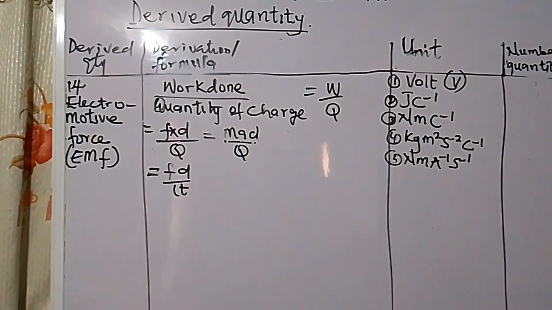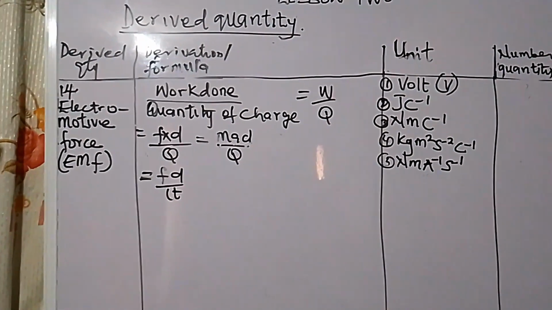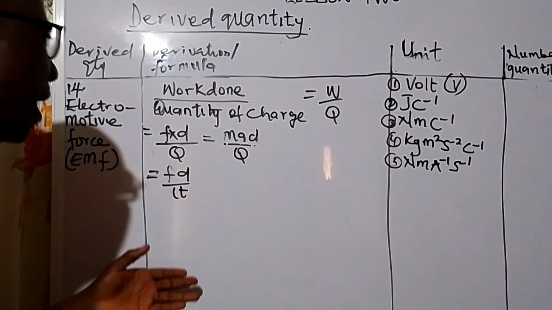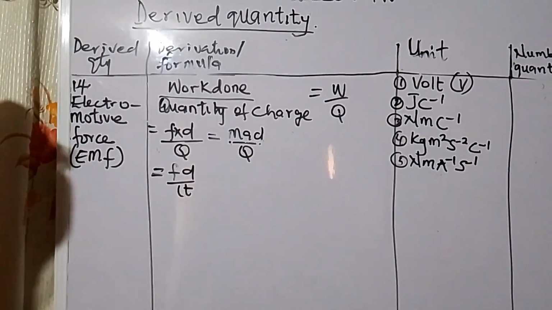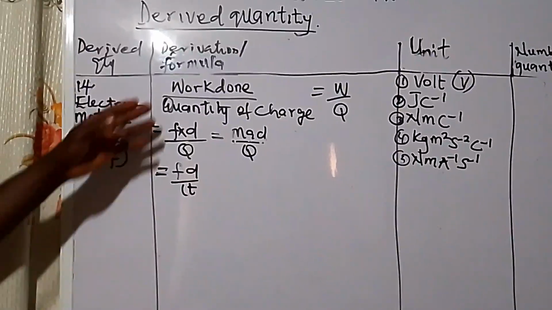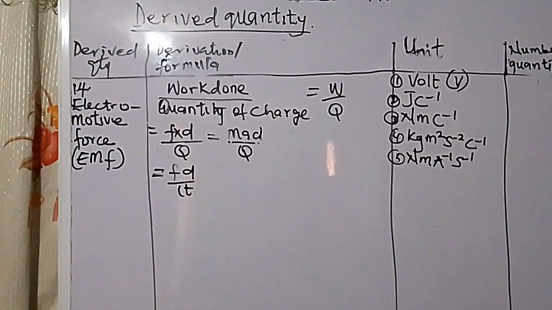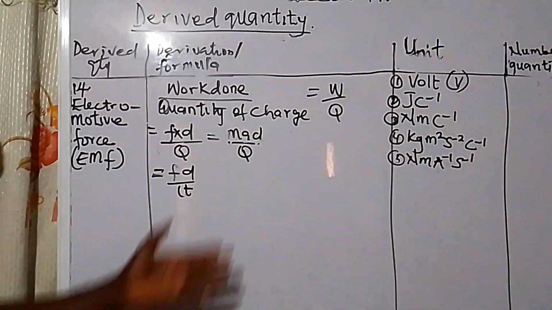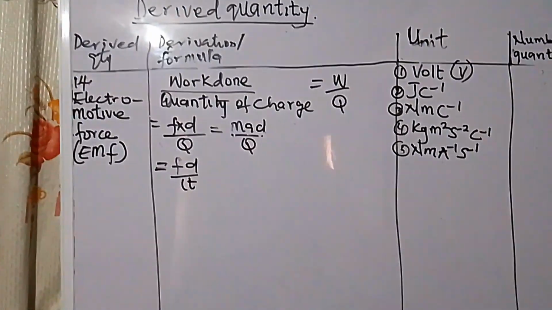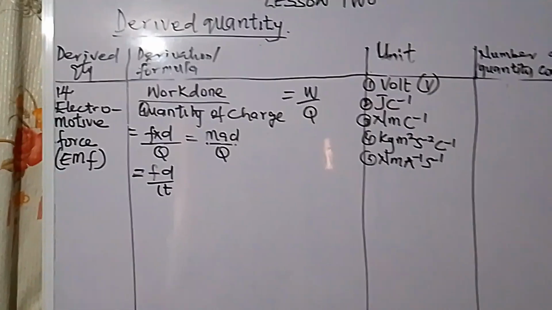The number of units that you can have for any derived quantity depends on the fundamental quantities that such derived quantity can take. The number of fundamental quantities that electromotive force can take is many. That is why we have multiple units of electromotive force. So let's express further.